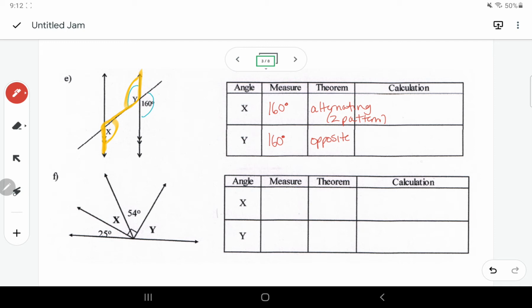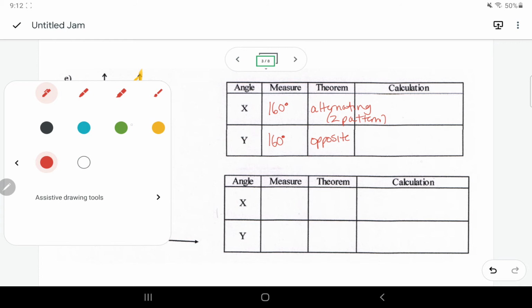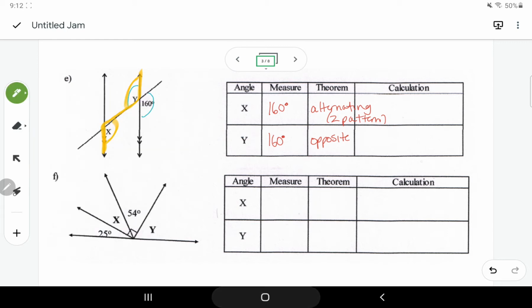Okay. For F, this one has got a few different steps. I think that the easiest thing to start with is this 90-degree angle at the bottom. So these two angles, the X and the 54, make a 90-degree.